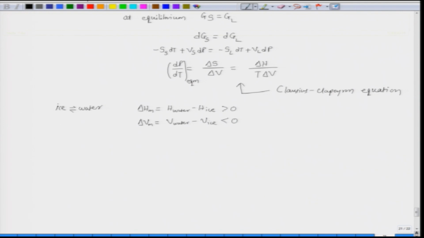So, basically for melting of ice, dP by dT is negative, which means if I increase the pressure the equilibrium melting point should be reduced, and this is the reason why ice skating becomes possible, right.